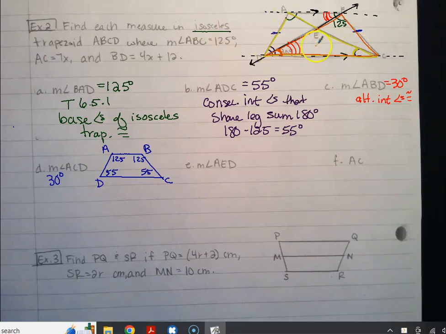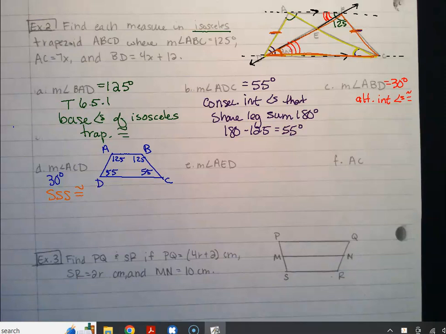Actually, side, side, side would probably be a better reason, because they share this side length, and we know the diagonals are congruent because it's isosceles, and we know the legs are congruent because it's isosceles. So yeah, we have 30 degrees because of side, side, side congruence. Okay, making progress.